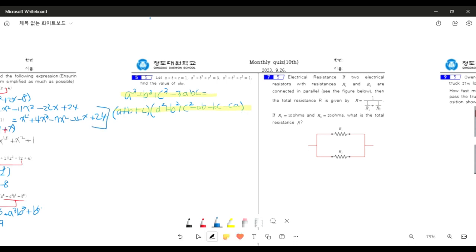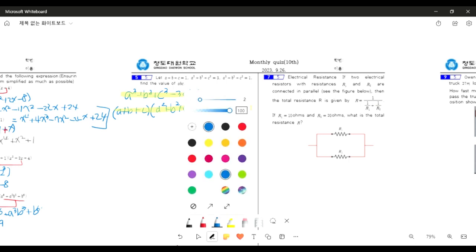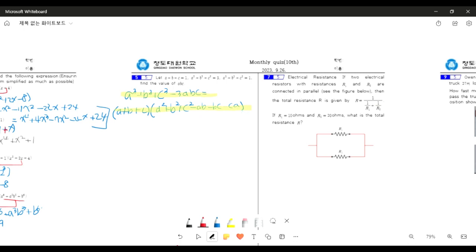Using these formulas, we should know ab + bc + ca. So (a + b + c)² equals a² + b² + c² + 2(ab + bc + ca).